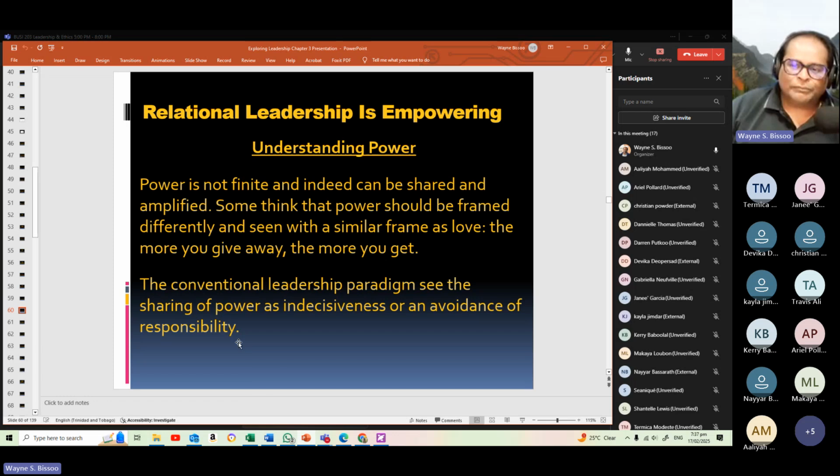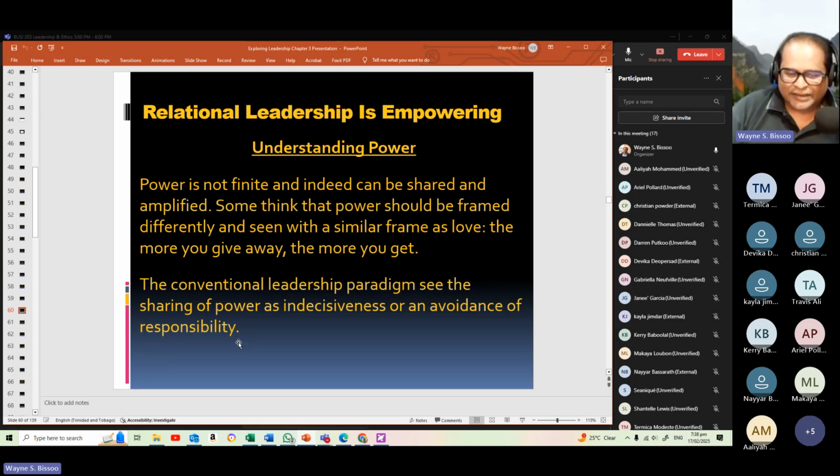Okay, now this concept of power being a finite resource is also something that older approaches to leadership have preached. You have a limited amount of power and therefore you have to be very careful how you share that power. The relational leadership program does not subscribe to that.